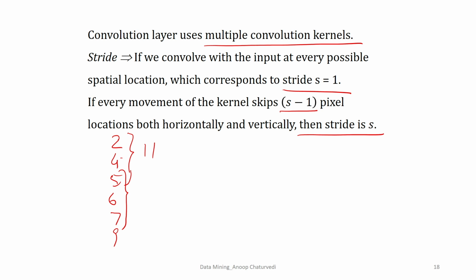So, actually in the first case you had stride s equal to 1, here you have stride s equal to 2, because you are skipping one element. Similarly, instead of taking the sum, you can take the maximum of the first 3 elements, say 5, or you can take the maximum of these 3 numbers, which is 6. You can take the maximum of these 3 numbers, which is 7, and so on.